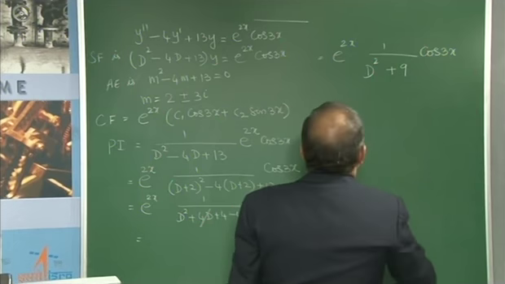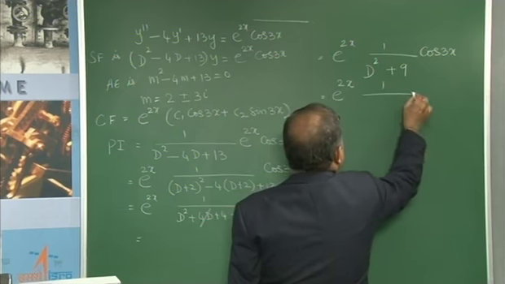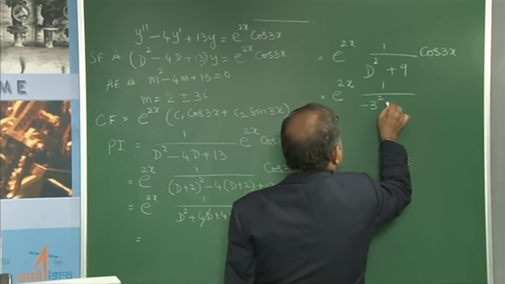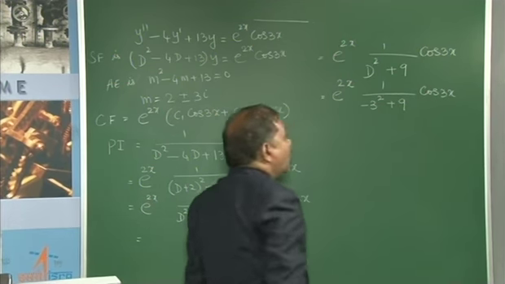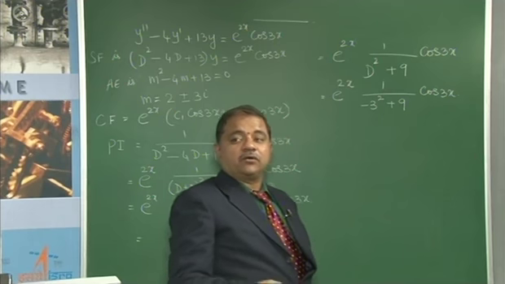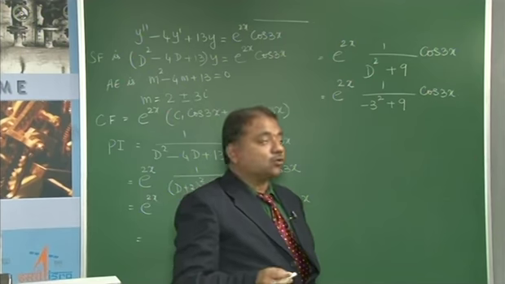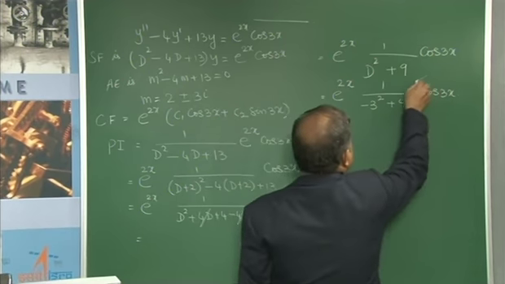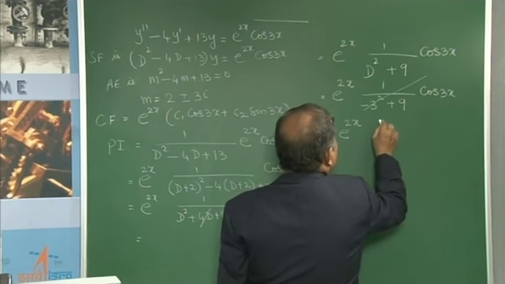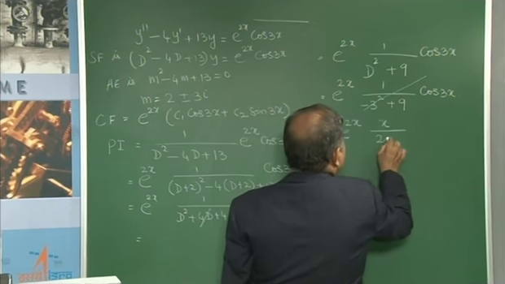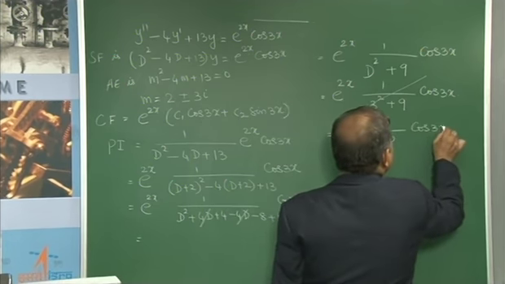But see this, as I told, it may happen in all the cases, you may get it in type 4 also. What happens if I do it? It becomes 0 in the denominator. So many times in type 1, in type 2 we have told what I should do. Let me discard this step. e power 2x, multiply by x in the numerator, differentiate the denominator, 2D cos 3x.